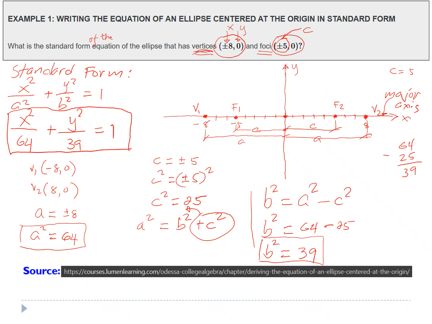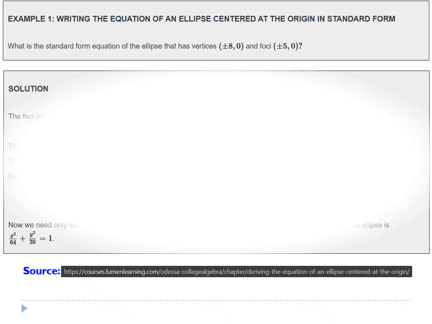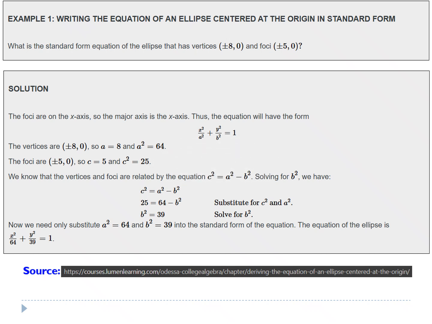This is the standard form of the equation of the ellipse described in this problem, with vertices with coordinates plus minus 8, 0, and the foci with coordinates plus minus 5, 0. I hope you understand how this problem is solved, and you can see here the details of this solution.